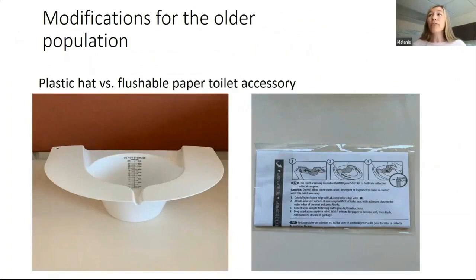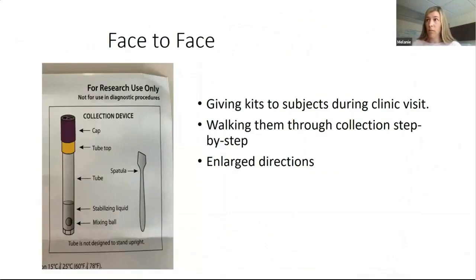The flushable paper toilet accessory, on the other hand, is a great option. It's easy to use. It's very small with literally no cleanup. After you use it, you simply unstick it from the toilet, wait 1 minute, and flush it. Very easy, very small, easy to mail it to people if needed.